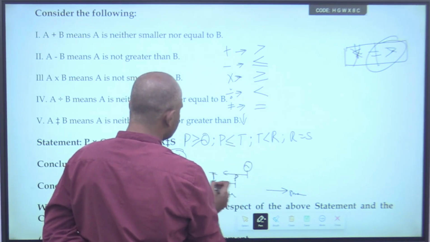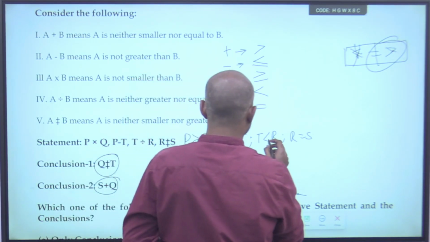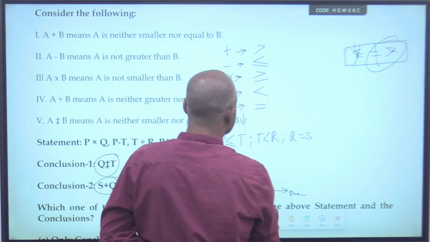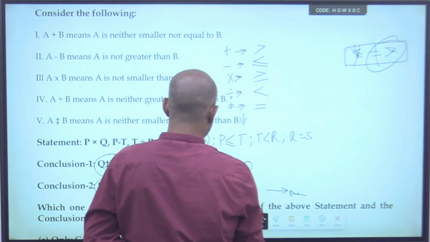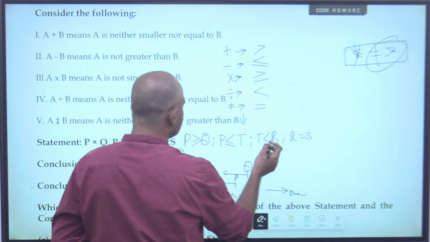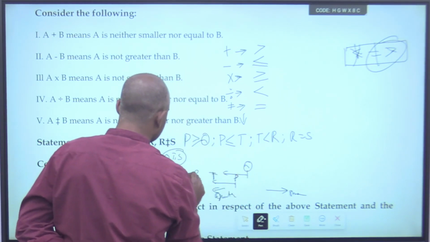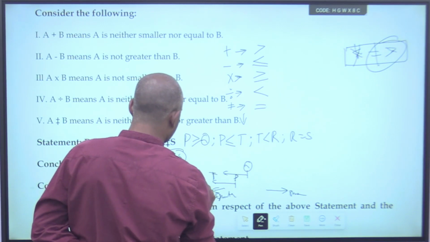In the greater case, it is this way, since we are denoting greater this way. Next, T is smaller than R, so R is greater than T. We have R this way, and R equals S.